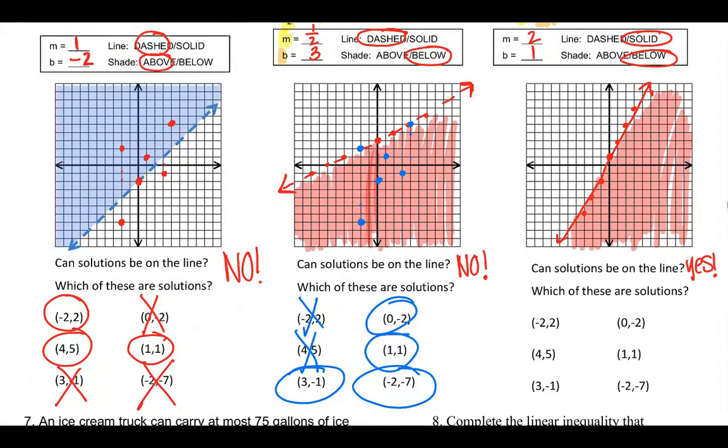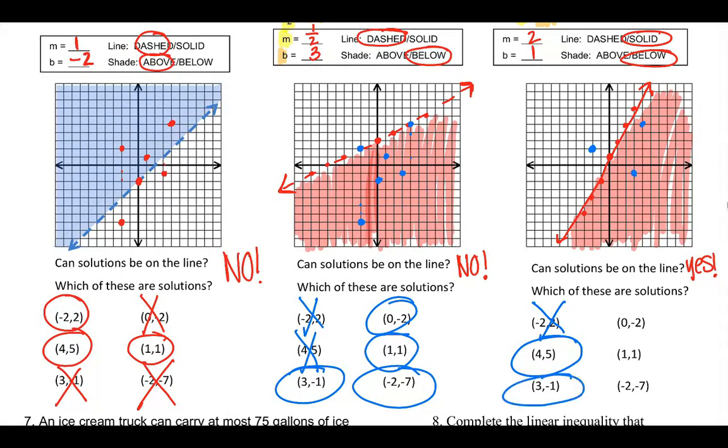Negative 2, 2. So I go over negative 2, up 2. It is not in the shaded area or on the line, so that one's a no-go. Over 4, up 5. It is in the shaded area. That one's a yes. Over 3, down negative 1.